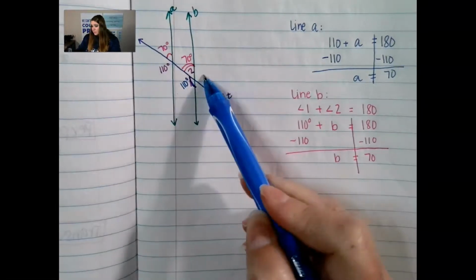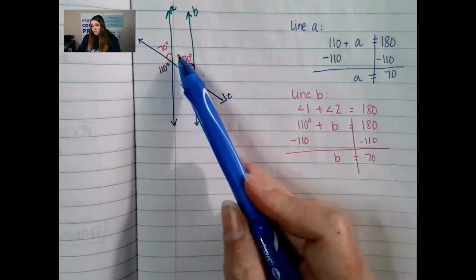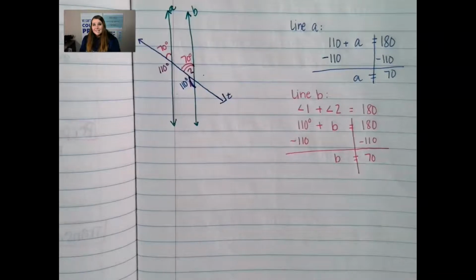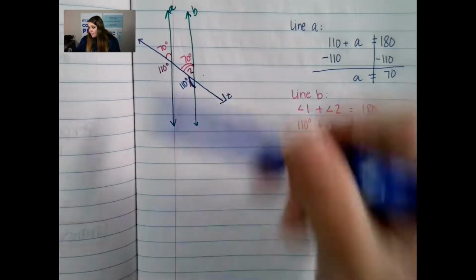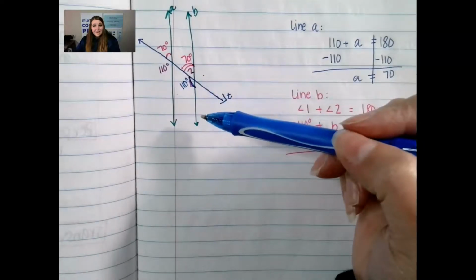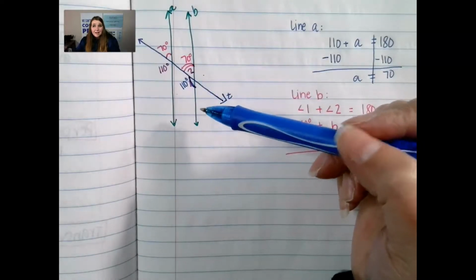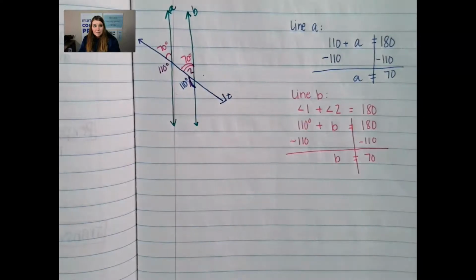Because this one is also 110. So this figure, when you look at it, it's the same exact line, it's just duplicated. So you have this line and this line, they're the exact same, so their angles are the exact same. Okay, that is a parallel line.